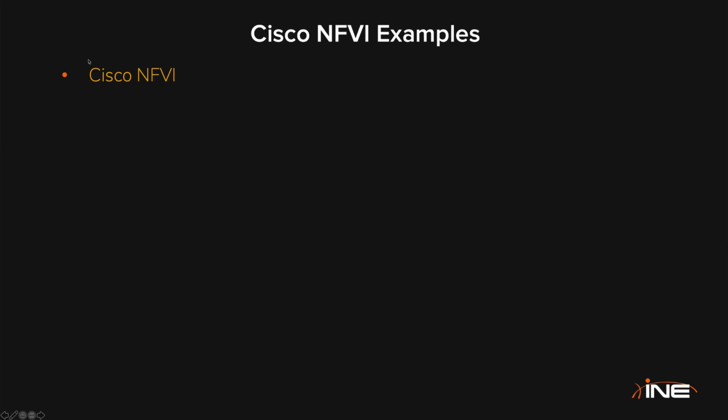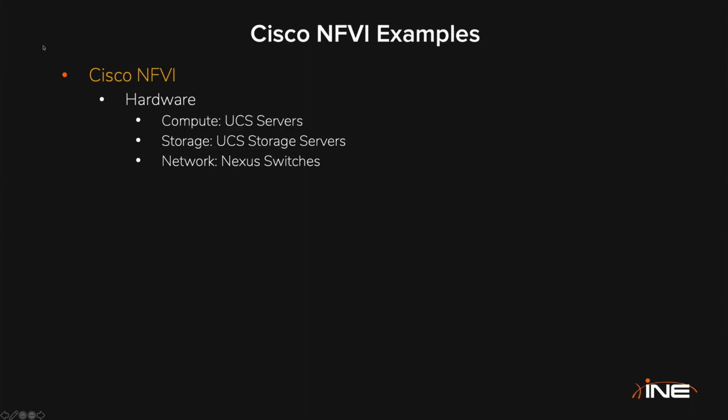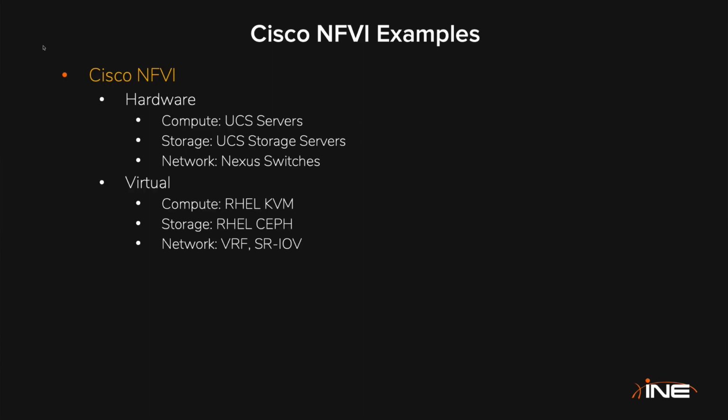So here is Cisco's NFVI deployment example, showing what products you would use when you deploy Cisco's NFVI solution. For the hardware, Cisco would recommend UCS blades, so UCS servers for the compute. For the storage, again UCS storage servers, and for the network, Nexus switches. Your virtual environment inside NFVI is given to you through Red Hat KVM, which is used to create, for example, your virtual networking, virtual storage, or virtual compute.